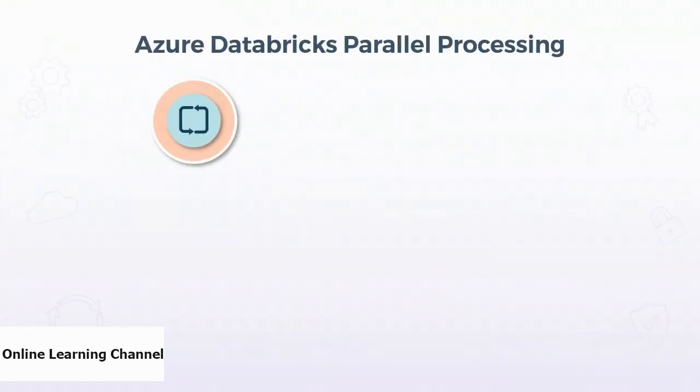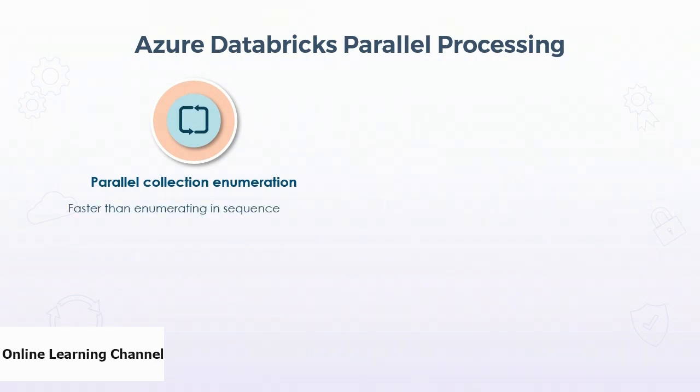Azure Databricks offers a few methods for parallel processing. The first one is called parallel collection enumeration. When enumerating a sequence, such as an array of data values, a special keyword specifies that the enumeration can be run in parallel. This can be faster than enumerating in sequence, since multiple threads can be processed at once.